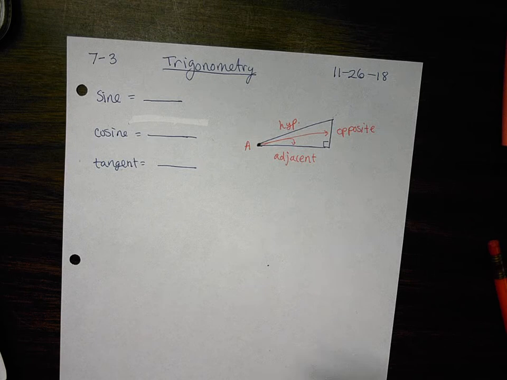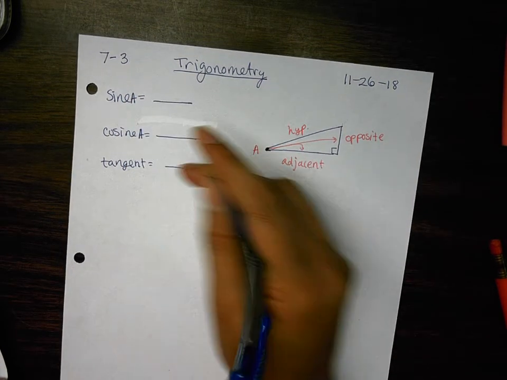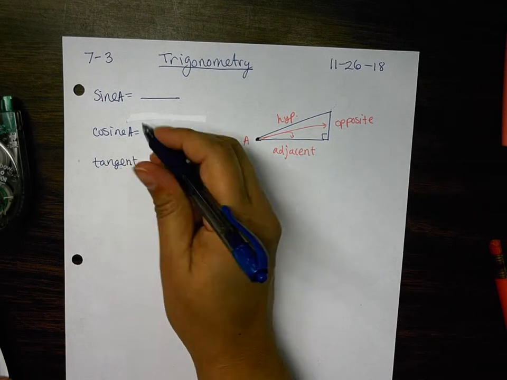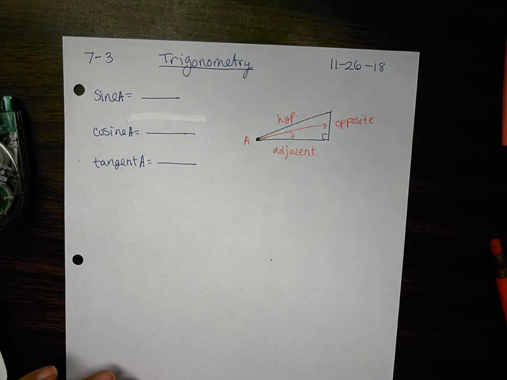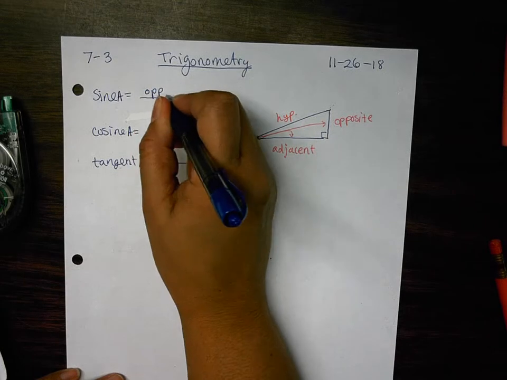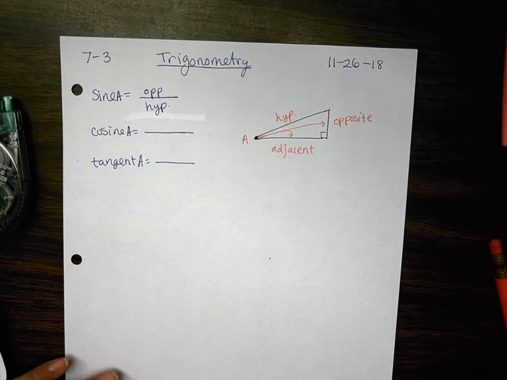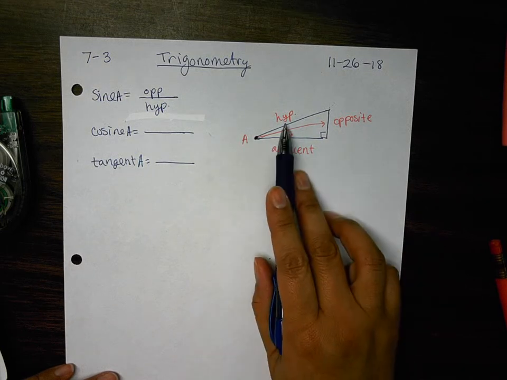All right. Sine of angle A, and I'm going to put cosine of angle A and tangent of angle A. Okay. Sine will always be your opposite side over your hypotenuse. It's always going to be a ratio, a fraction of your opposite leg over your hypotenuse all the time.